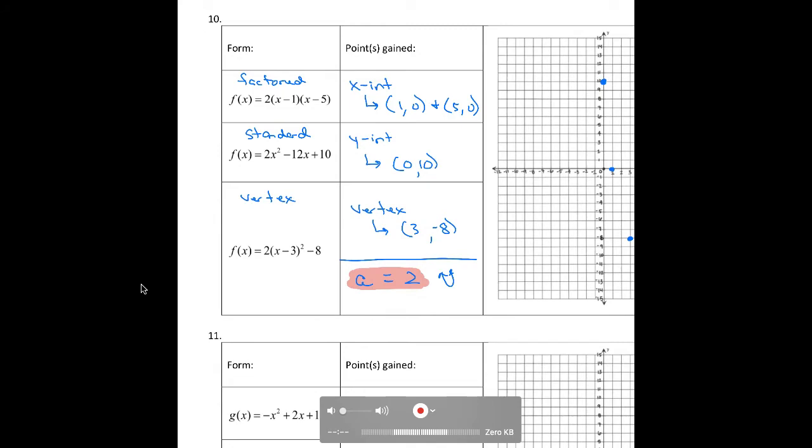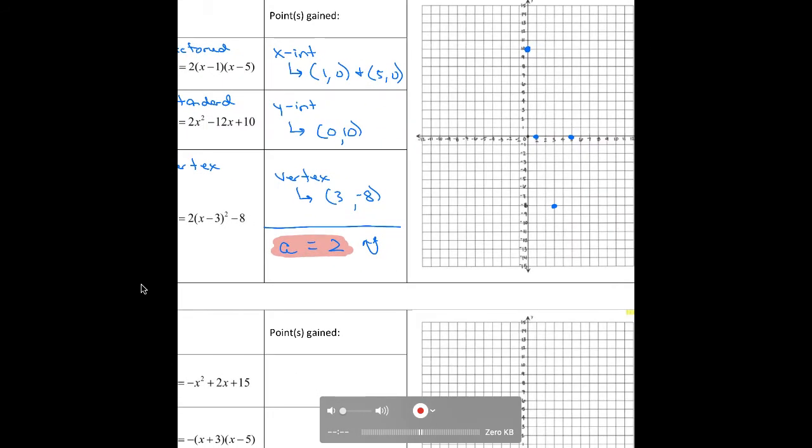So if I do it the first way, I am going to go right 1 and then up. 1 squared is 1, and then 1 times 2, which is 2. So from the vertex, I'm going to go right 1 and up 2.